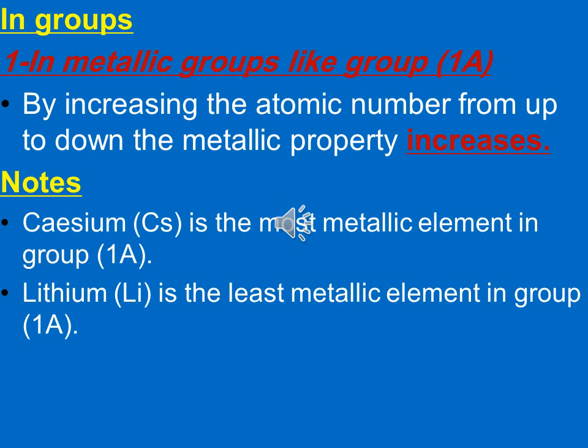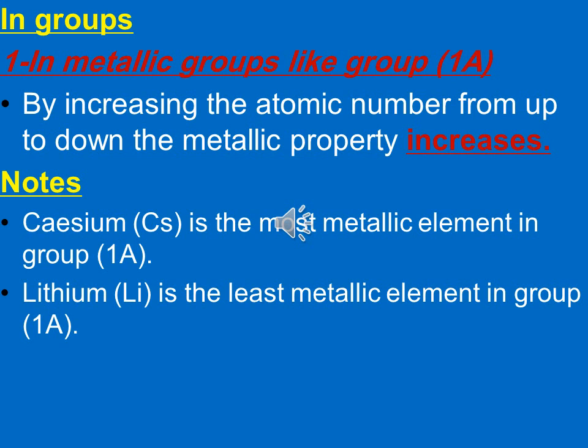Note, cesium is the most metallic element in group 1A. Why? Because it has the largest atomic size and the largest number of energy levels. Lithium is the least metallic element because it's up in group 1A, and it has the smallest atomic size in this group and the fewest energy levels. So the attraction force for lithium is large, so it's difficult to lose, and the metallic property is less.